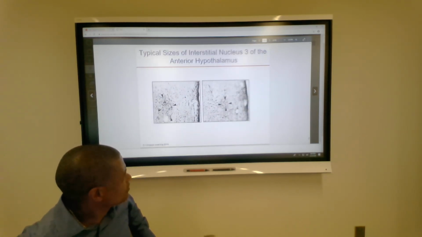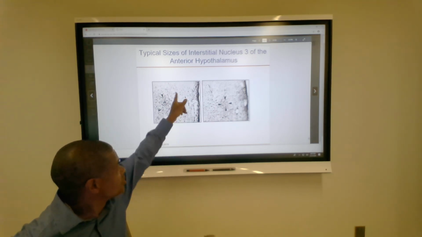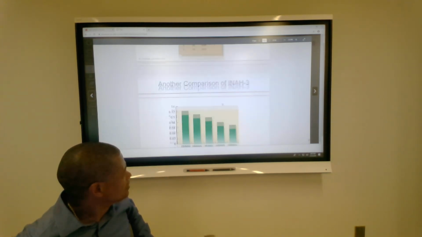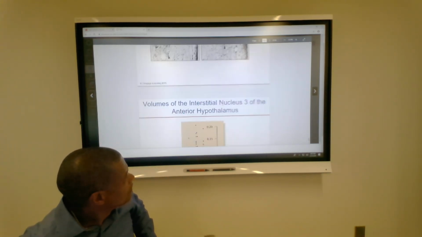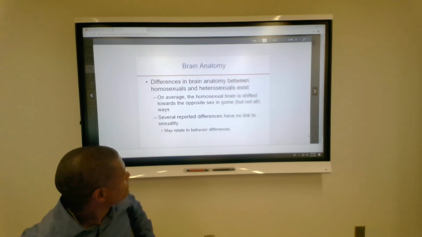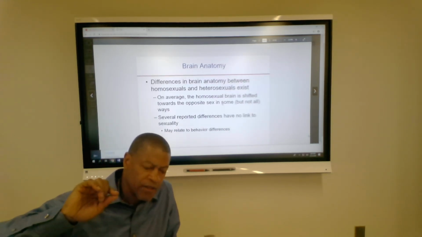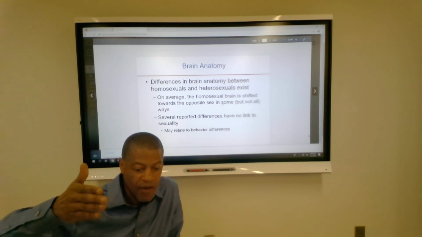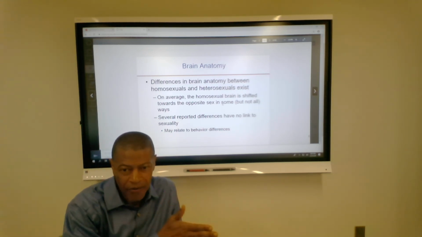So the differences, if you look right here, it shows a lot of cells here, smaller cells on that side. So the brain of a homosexual male may look like a female brain when you compare it to a heterosexual male.